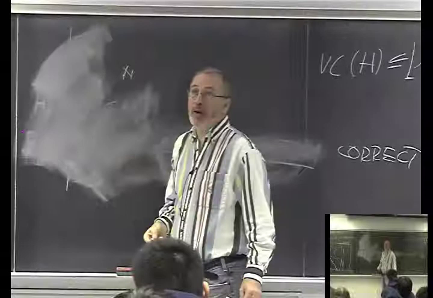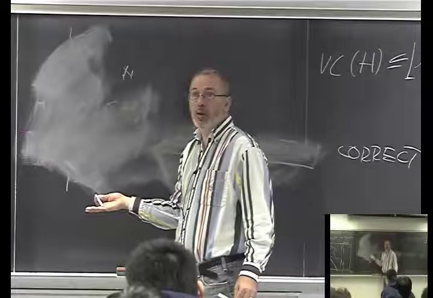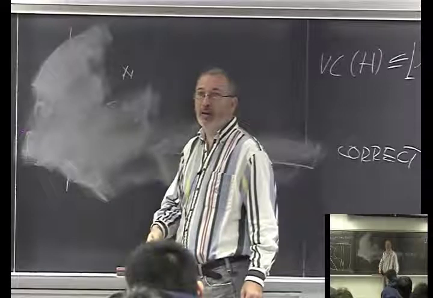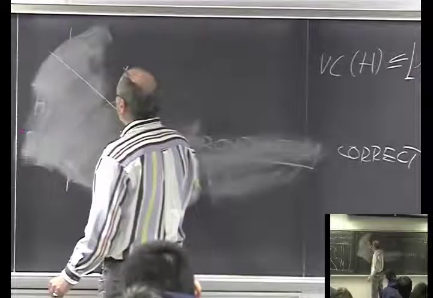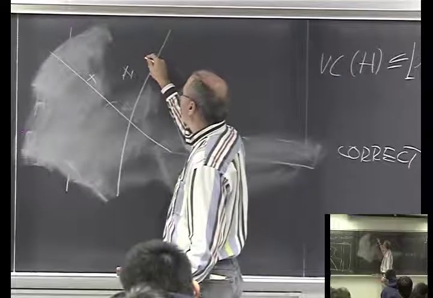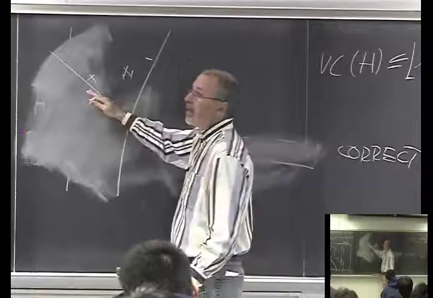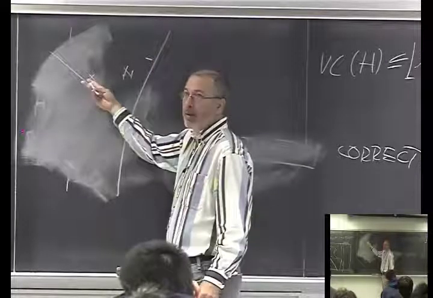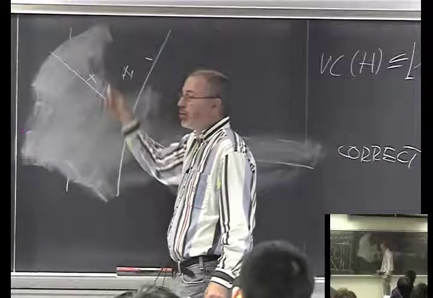To shatter it, you just need to show 2 members of H, one that classifies it as positive, one that classifies it as negative. That's very easy. There are many such members. This line with a plus on this side classifies it as positive. This line with a minus on this side classifies it as negative. In fact, you could use the same line and just reverse the plus and minus to classify it once as positive, once as negative. That's trivial.